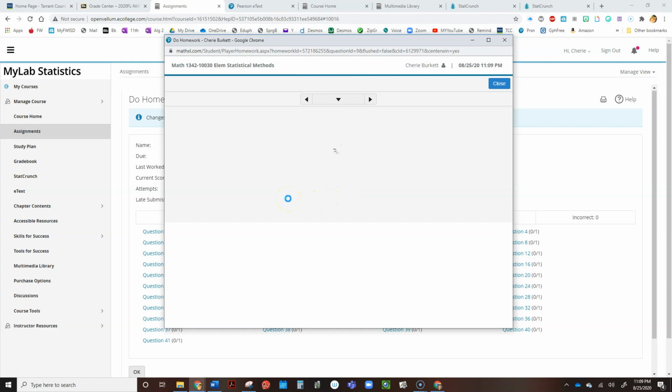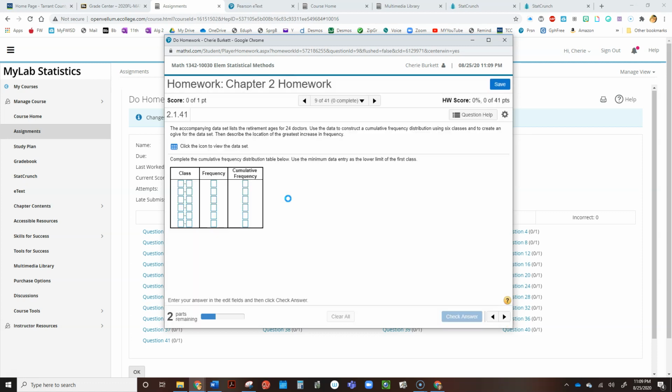And the reason I want to show you number 9 is because, oh Lord, it has a StatCrunch link. Okay, so first of all, when you click question help right here, this is the way you should be doing all of your homework. View an example, it'll show you a problem exactly like this, and it will show you exactly how to work it.